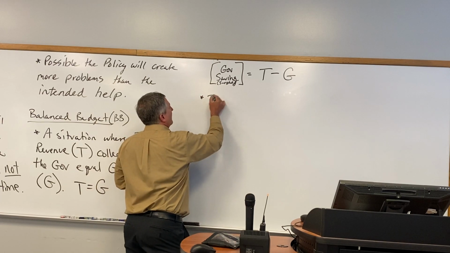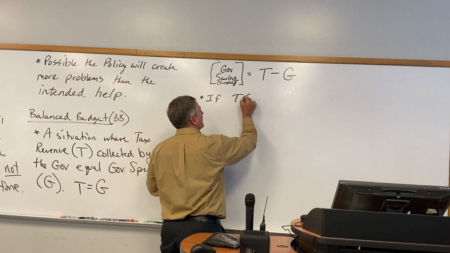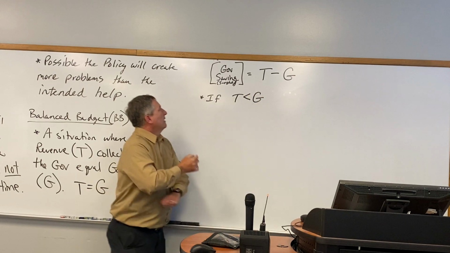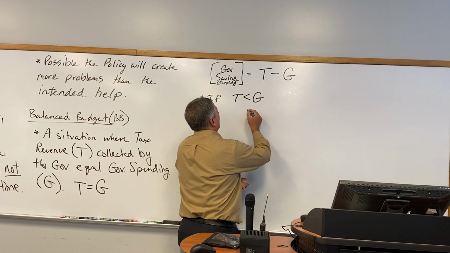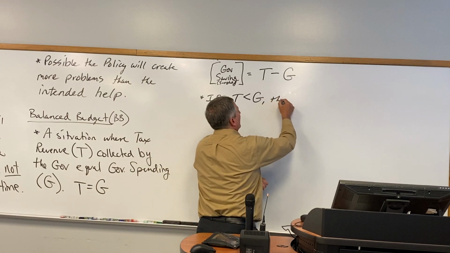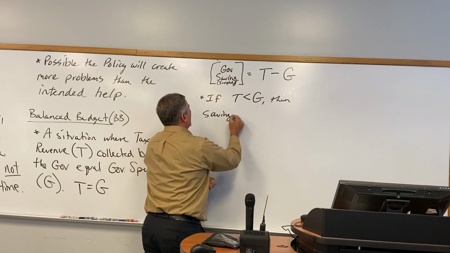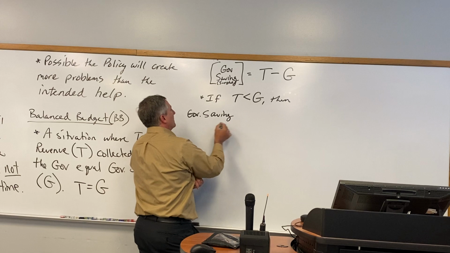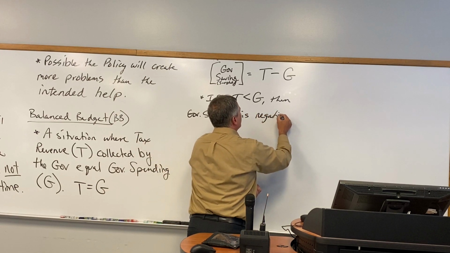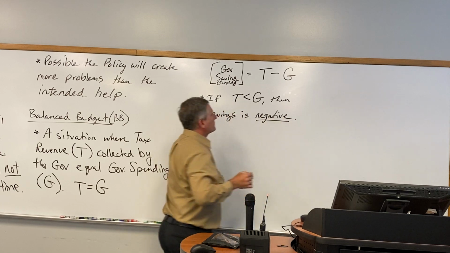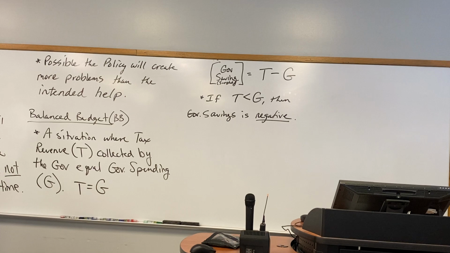But if the amount of taxes collected, T, is less than G, which is the usual case, then government savings is negative. And what do we call it then?